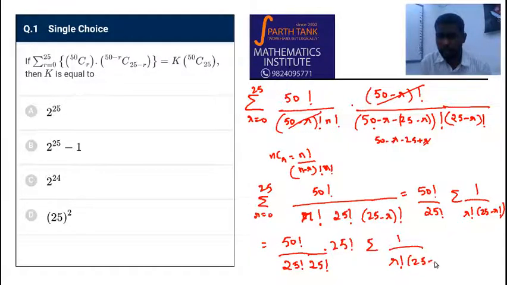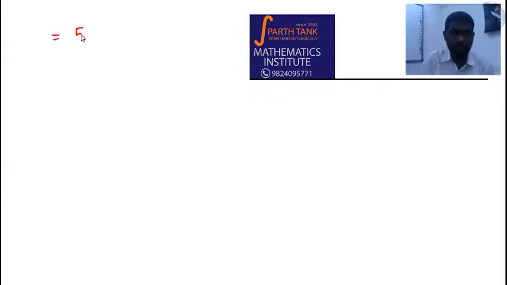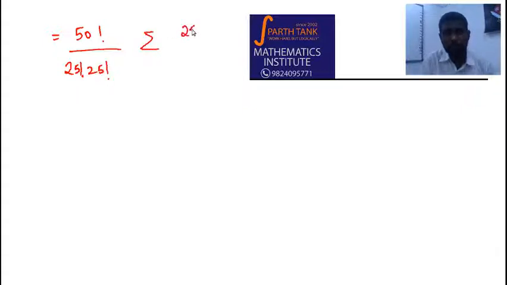Now this 25 factorial in the numerator can be taken inside because it is a constant and doesn't affect the summation. Therefore it becomes 50 factorial by 25 factorial 25 factorial into summation of 25 factorial by r factorial into (25 minus r) factorial.